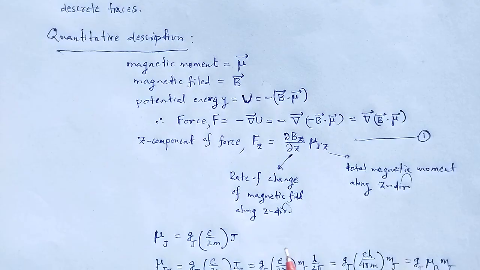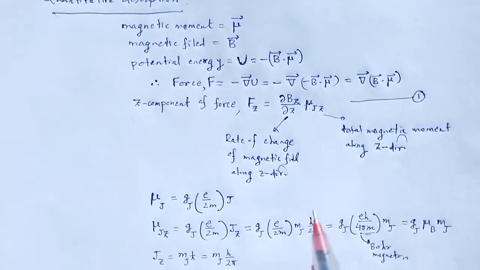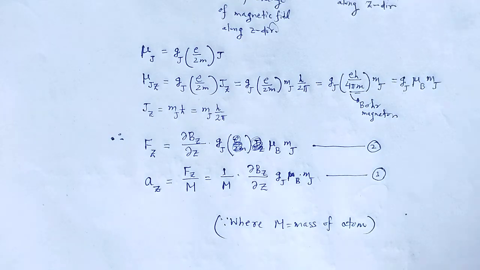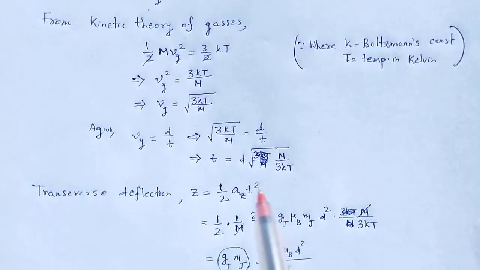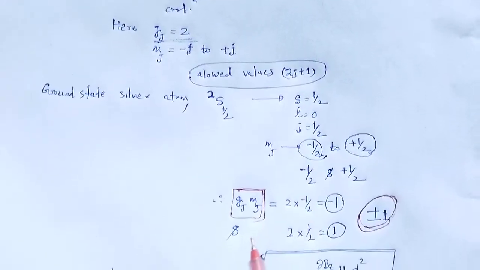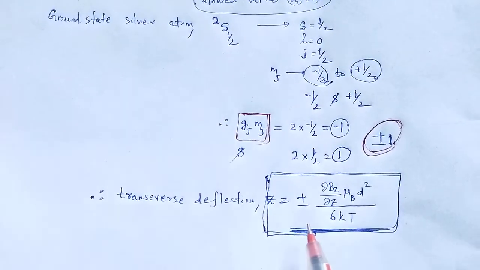Why the traces are found discretely, or the orientation of the atom is quantized, is the quantitative description. Two values, since it will be plus minus.